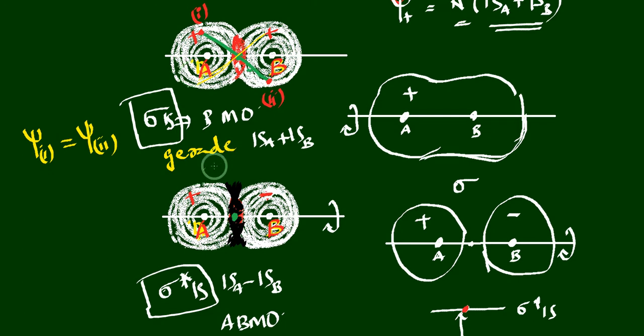Since it is a gerade orbital, you can call this sigma g orbital. We called this the sigma 1s orbital, and now we call this the sigma g 1s orbital. In sigma g, the g represents that it is gerade.